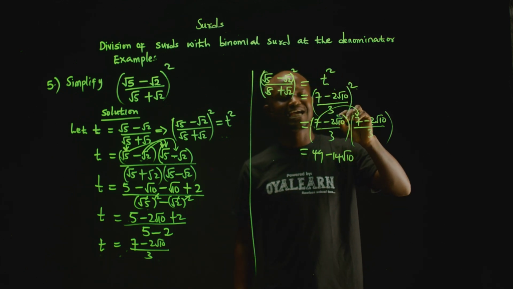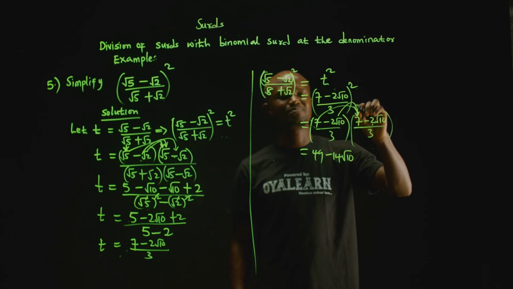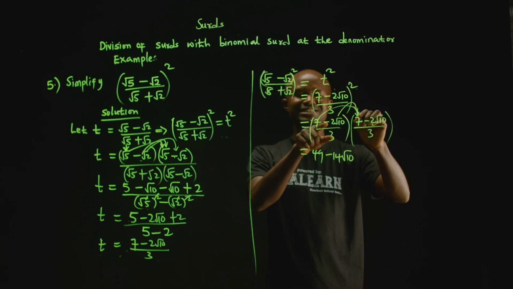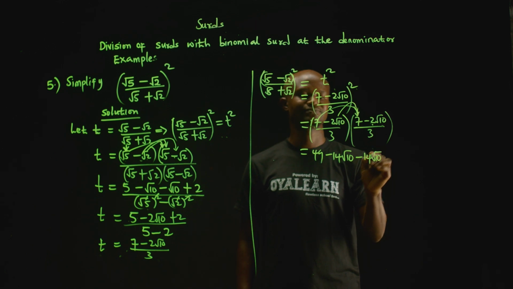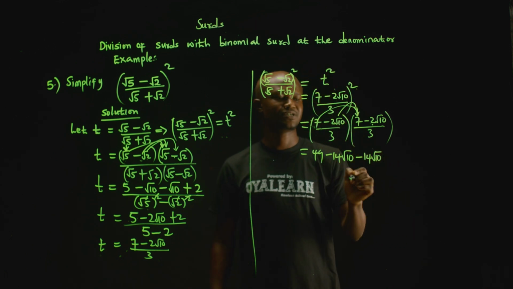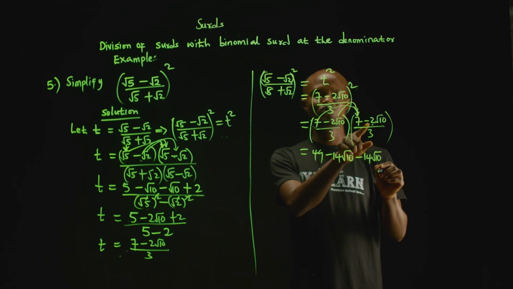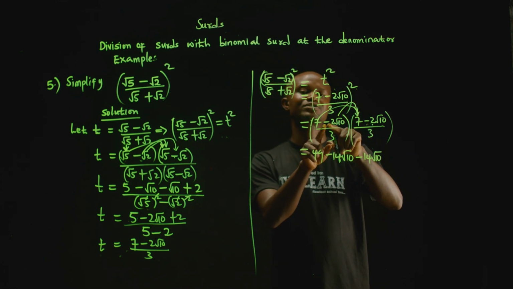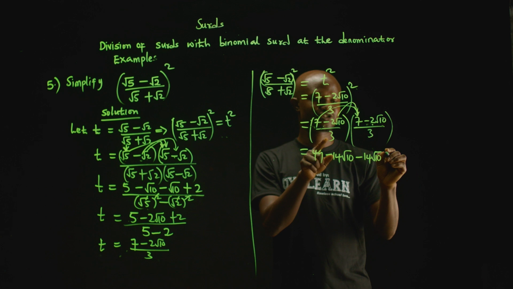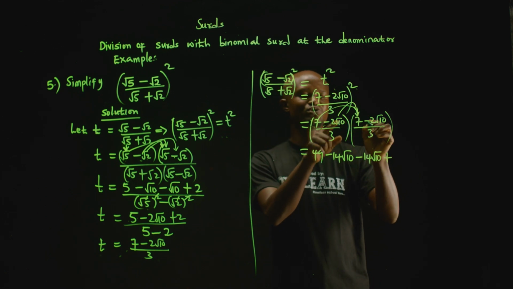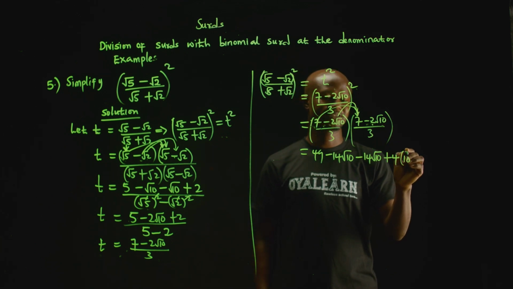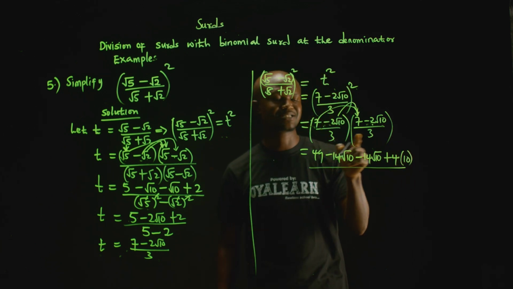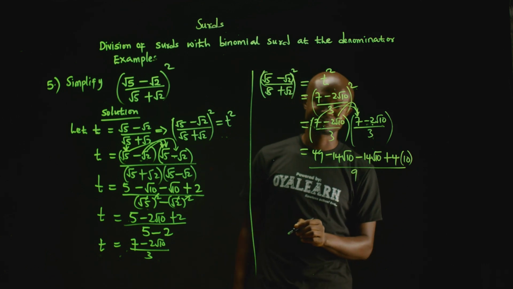The next thing to use now is −2√10, multiplying this also. 7 times −2, we have −14, so we have −14√10. Then don't forget this one: minus times minus is plus, and 2 times 2 we have 4. √10 times √10 is 10. So all divided by 3 times 3, that is 9.